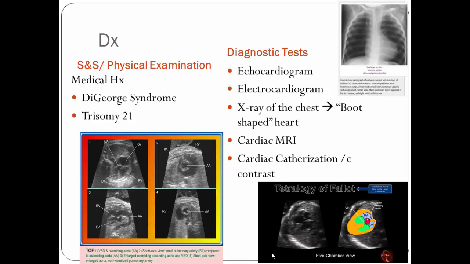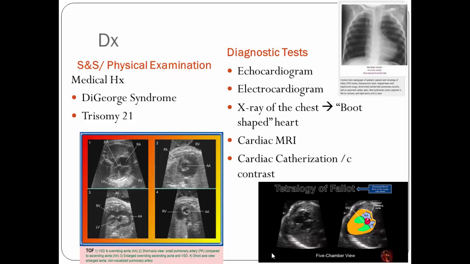To diagnose, the physician will consider the child's presenting signs and symptoms, medical history, since TOF is more common in children with trisomy 21 or DiGeorge syndrome, and findings after a physical examination, such as those previously discussed, and or a heart murmur. However, to confirm the diagnosis, diagnostic tests such as an echocardiogram, EKG, X-ray of the chest, and a cardiac catheterization will be ordered.